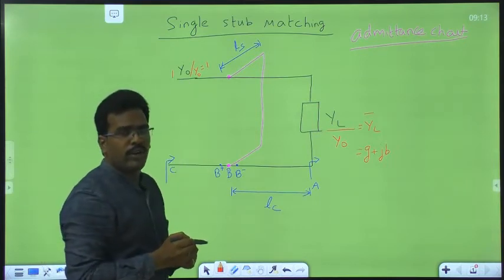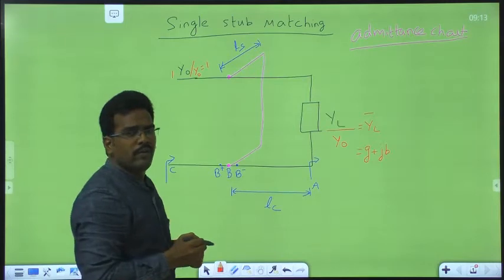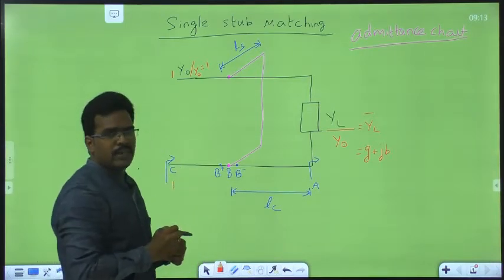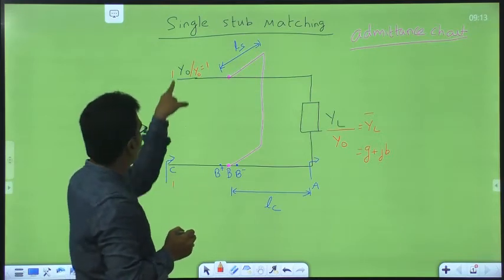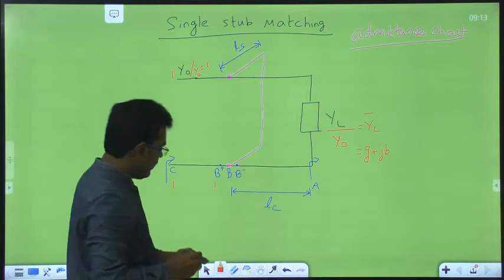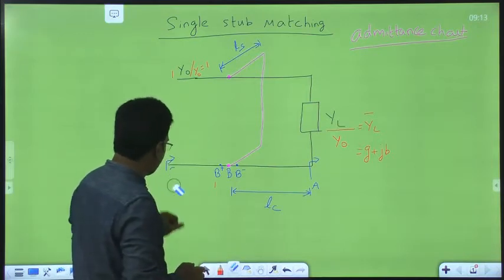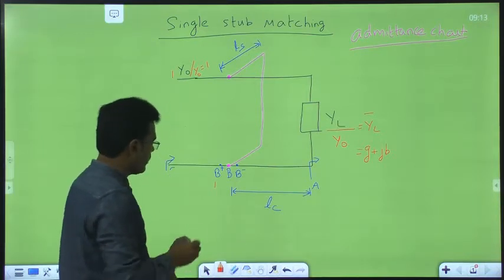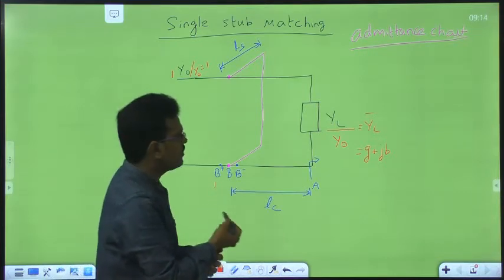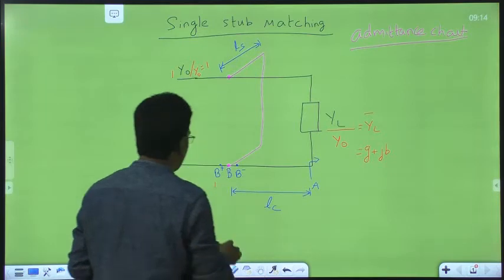We can say that impedance matching occurs if the admittance at C is 1. It should be 1. How to get it as 1? That is the problem.